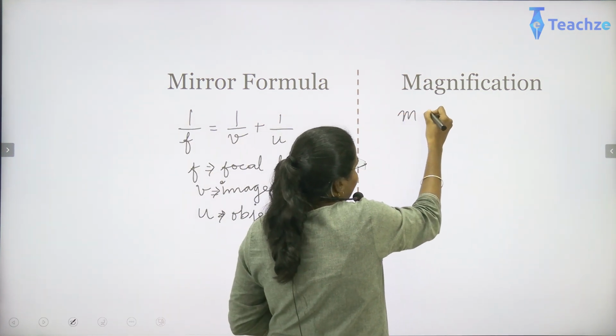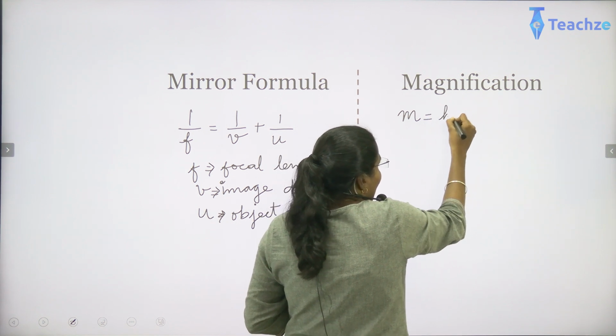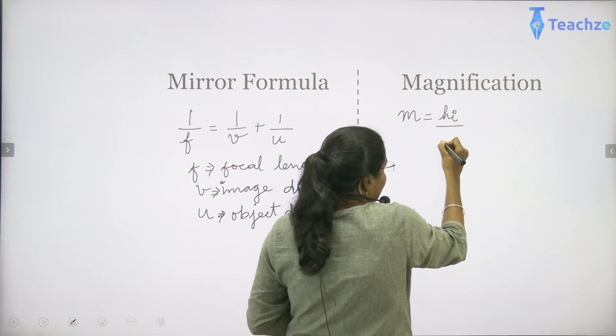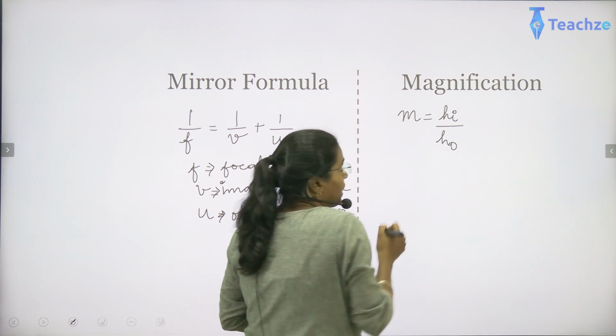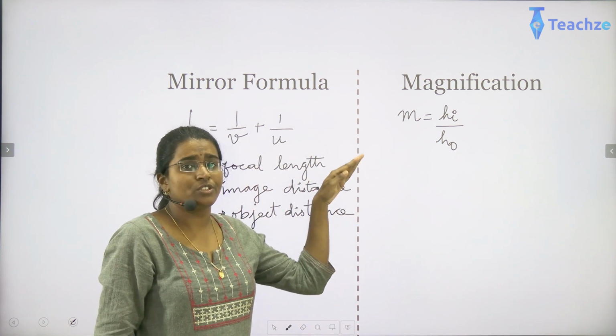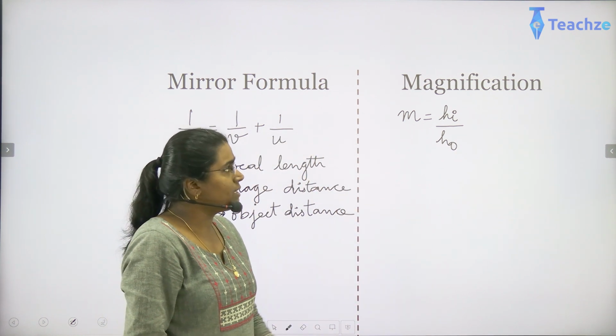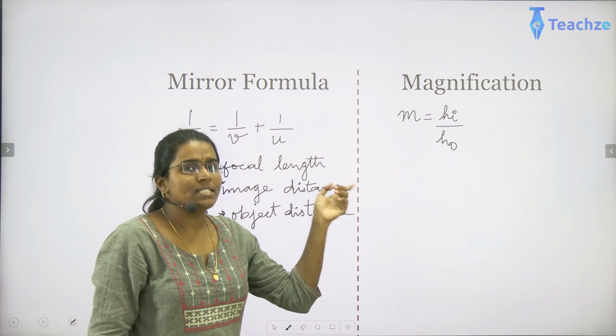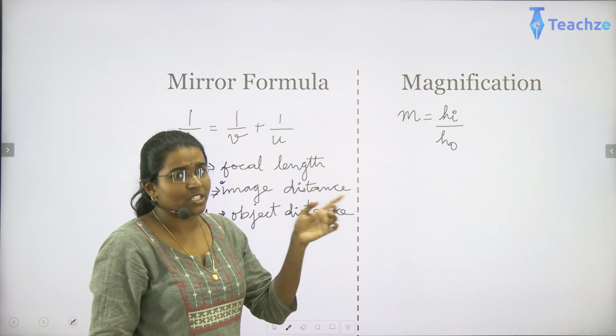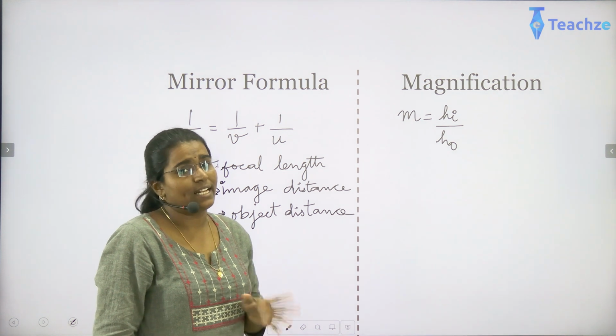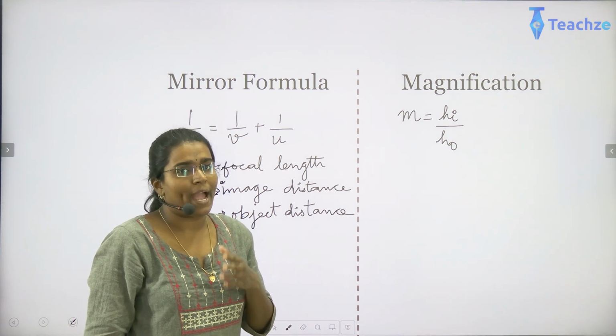So magnification m is the ratio of height of the image to the height of the object. But then there is a relation between this height of the image and height of the object with your object distance and image distance, that is your u and v.